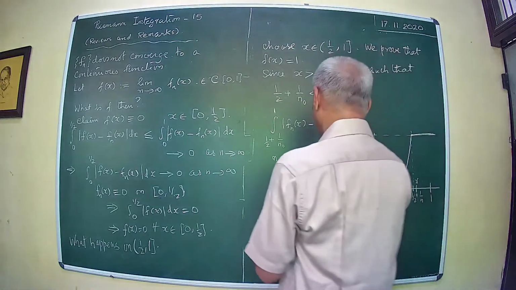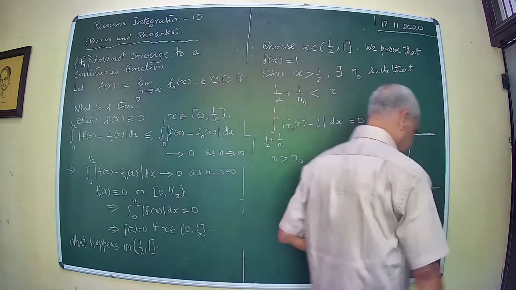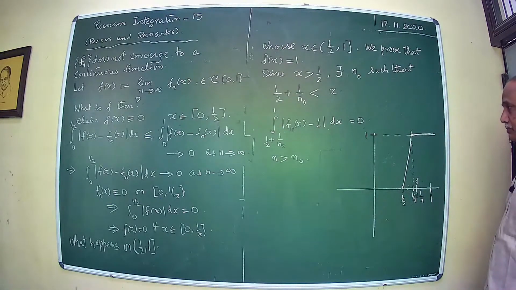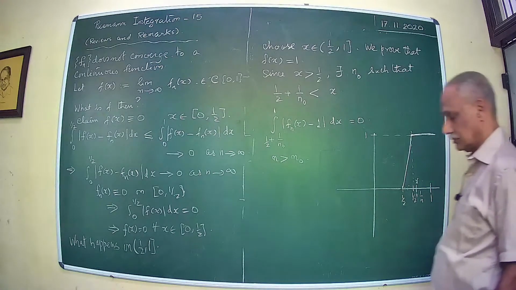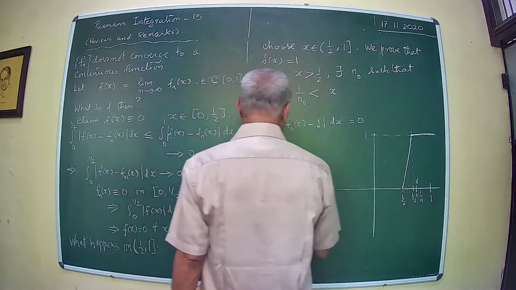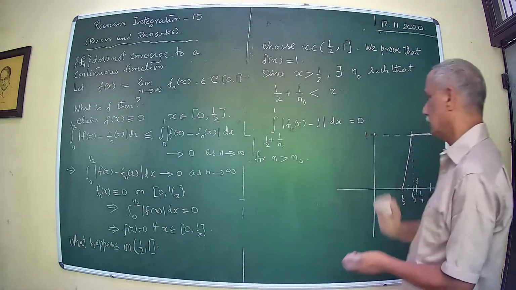So for n greater than n naught, you see that this is equal to 0.